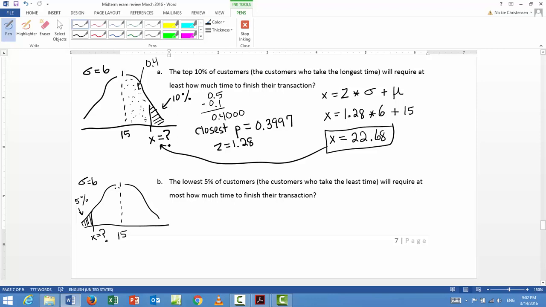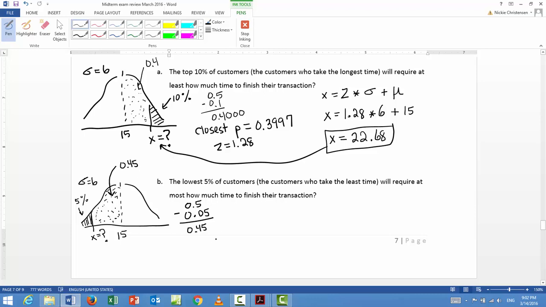Okay, so just like before, the first step is to find the p, the area between the unknown x value and the mean. So we know that half of the curve is 0.5. We know that this is 5%. So we're going to subtract 0.05. And that gives us 0.45. Okay, so we now know that this dotted part of the curve is 0.45.